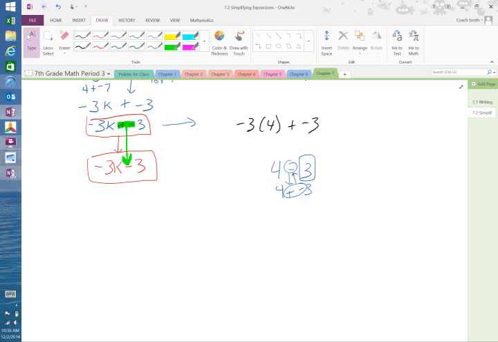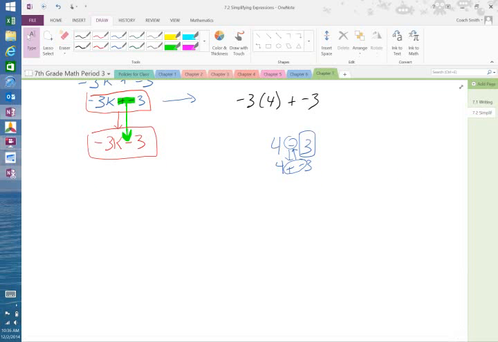Okay. All right. Now, let's get to the other thing that we have to do with these problems. Let's look at this problem. 3x plus 4 minus x. Now, the other thing we need to talk about is this. What is the number in front of any variable that doesn't have a number in front of it?